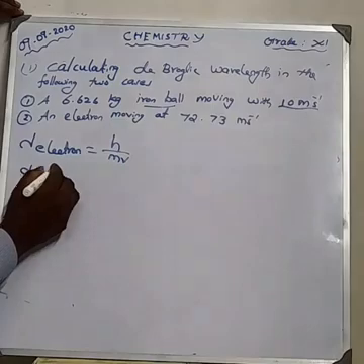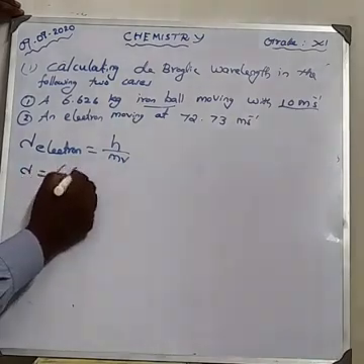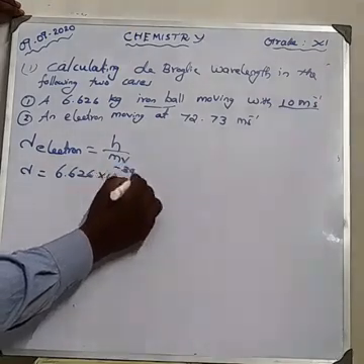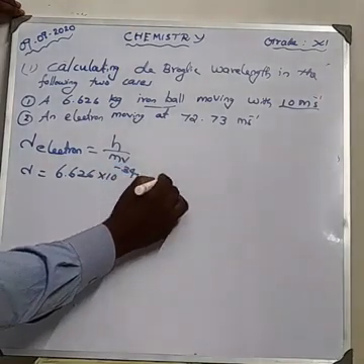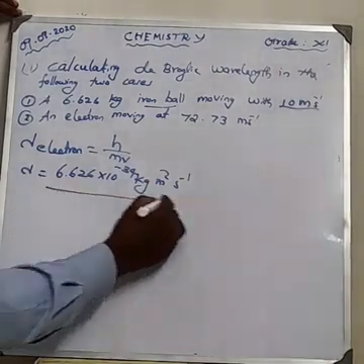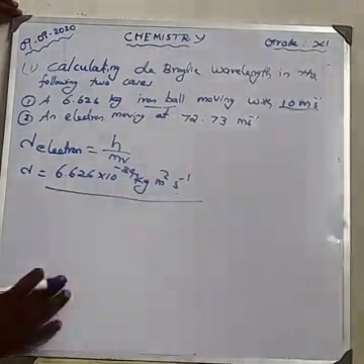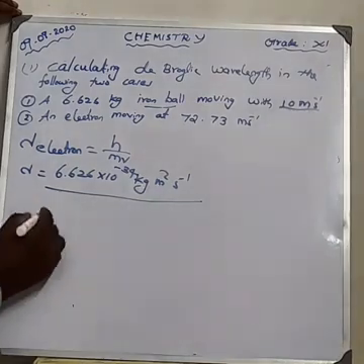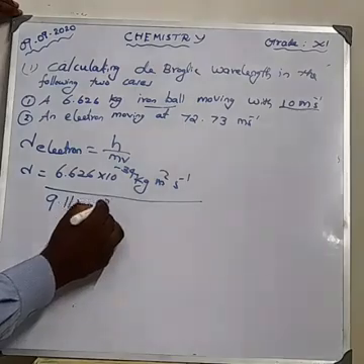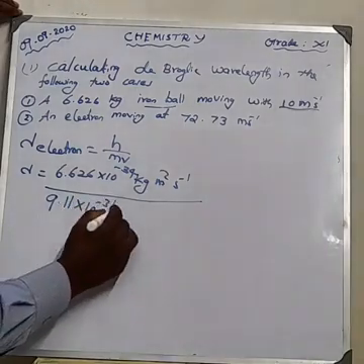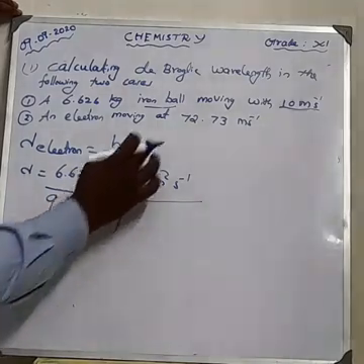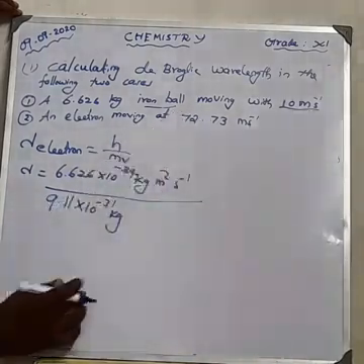Lambda is equal to h, which is 6.626 into 10 raised to minus 34 kilogram meter square per second, divided by the mass, which we should also learn, 9.11 into 10 raised to minus 31 kilogram, into velocity.